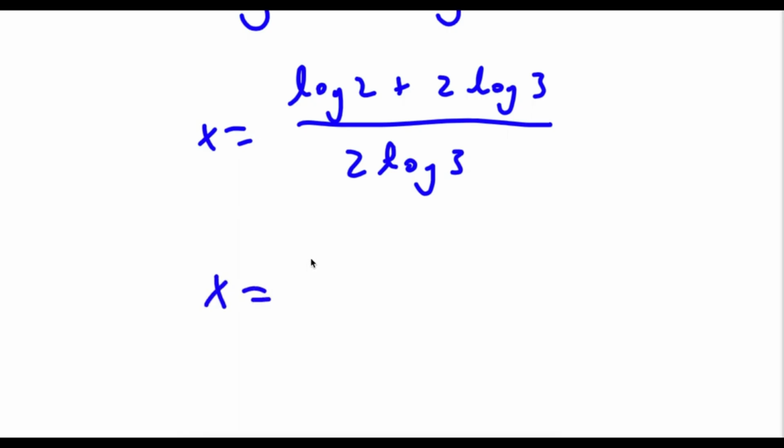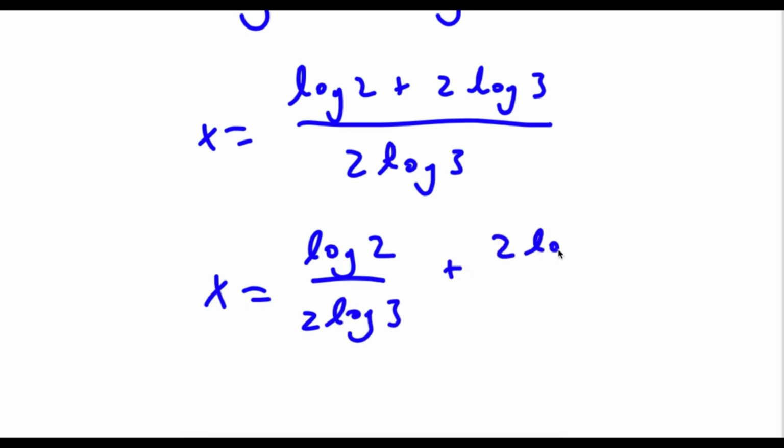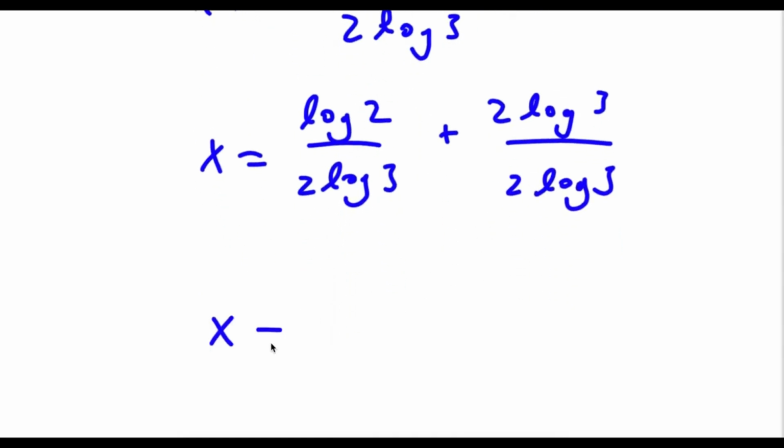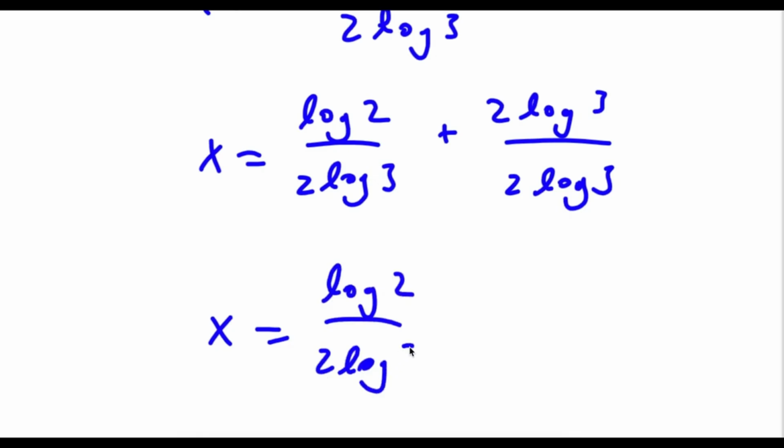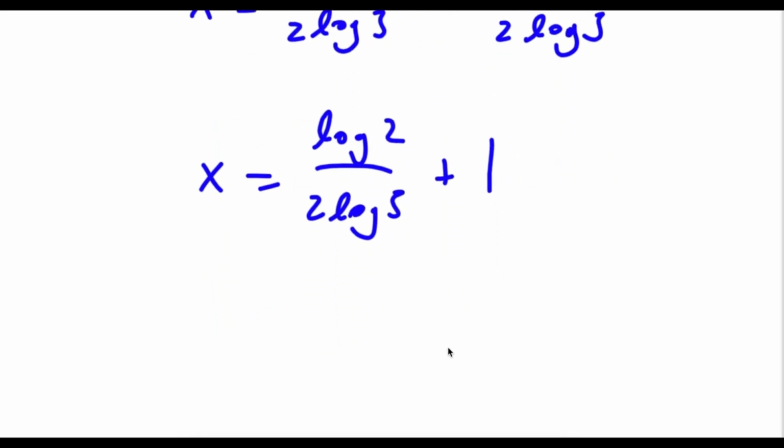Now this is the same thing as log 2 over 2 log 3 plus 2 log 3 over 2 log 3. And 2 log 3 over 2 log 3 is simply equal to 1. So I have log 2 over 2 log 3 plus 1.